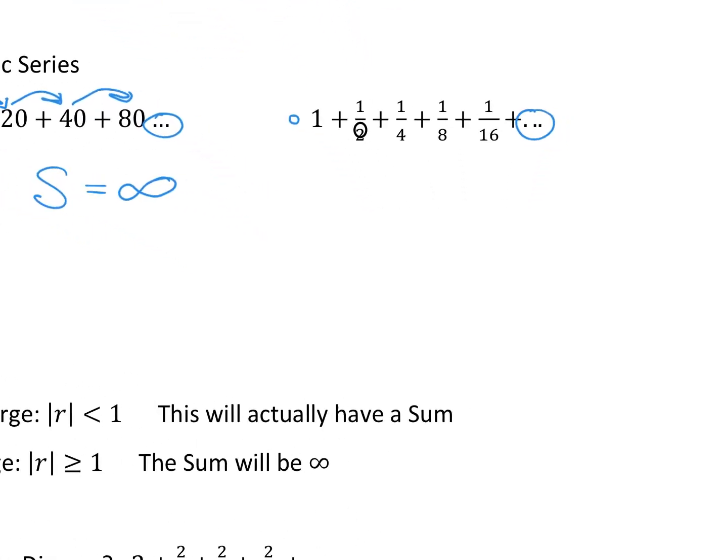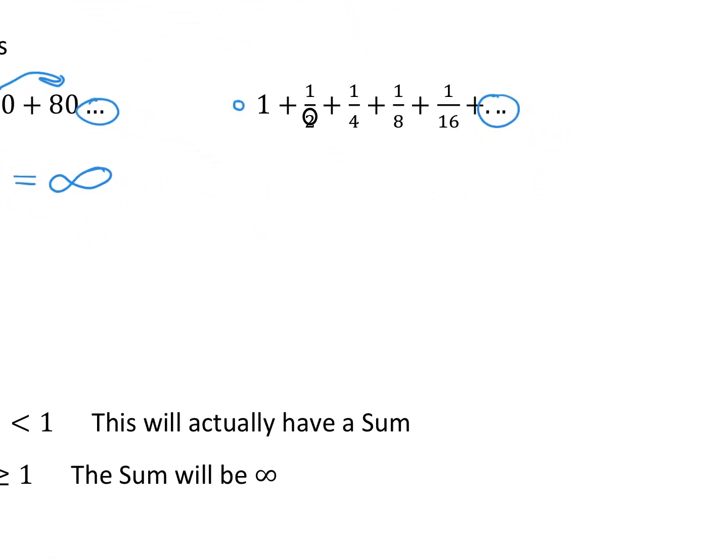So I want to give you a little visual on this one. If you think of this in picture form, this is 1, right? That is a complete circle. If I'm going to add to that a half, that would look like that, right?